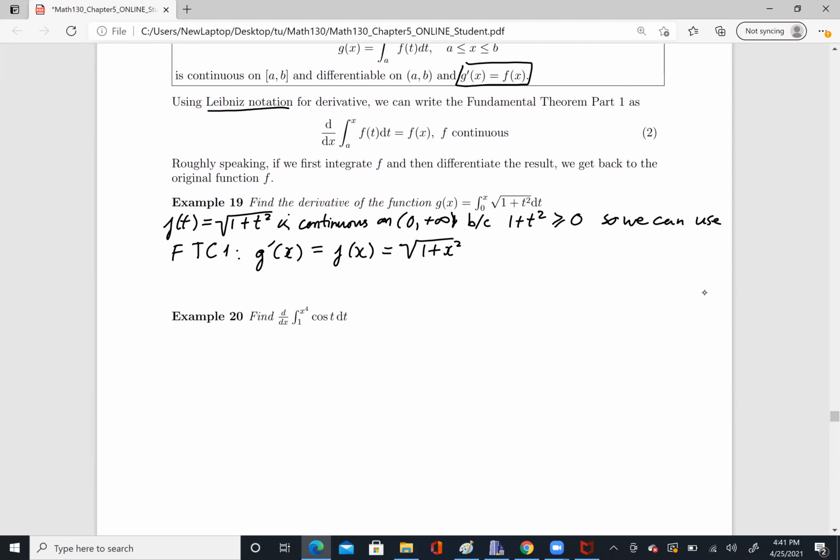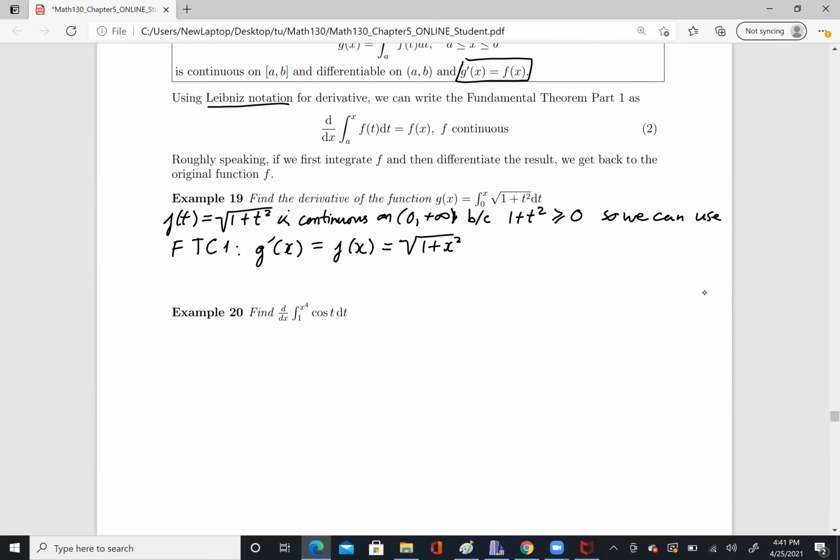Okay. So now let's move to example number 20 and find d/dx, the derivative of the integral from 1 to x to the power 4 of cosine t dt.